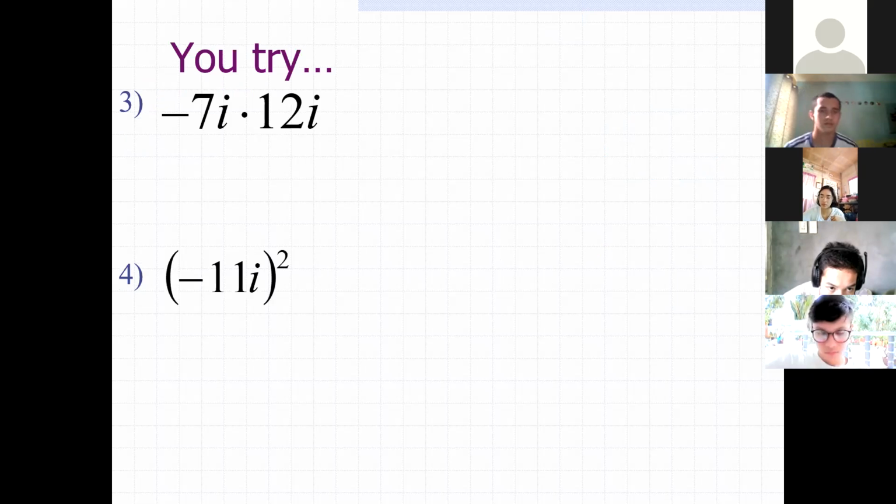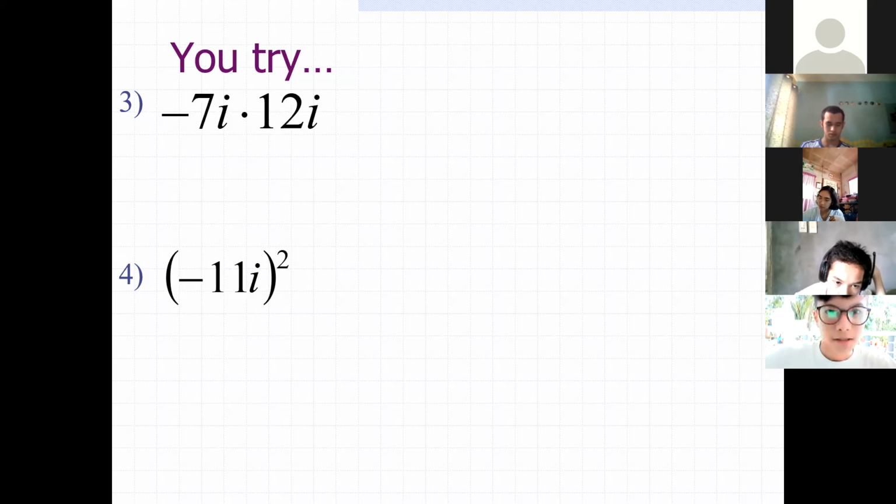Trixley, number 3: negative 7i times 12i. Prepare. Alex, you will answer number 4: negative 11i squared. Your answer is 84, sir. Positive or negative?